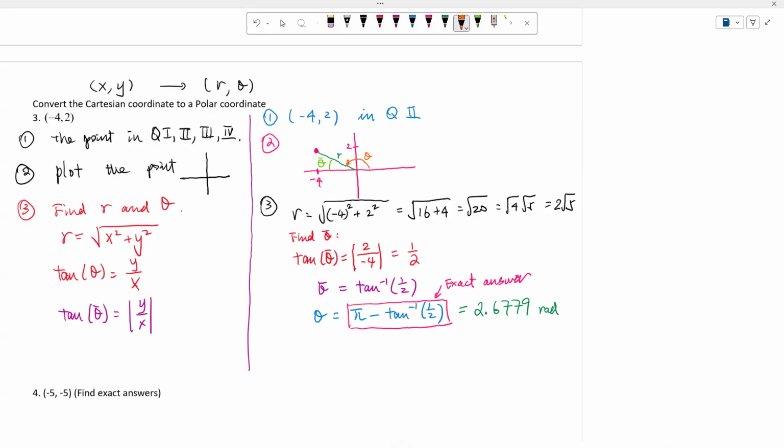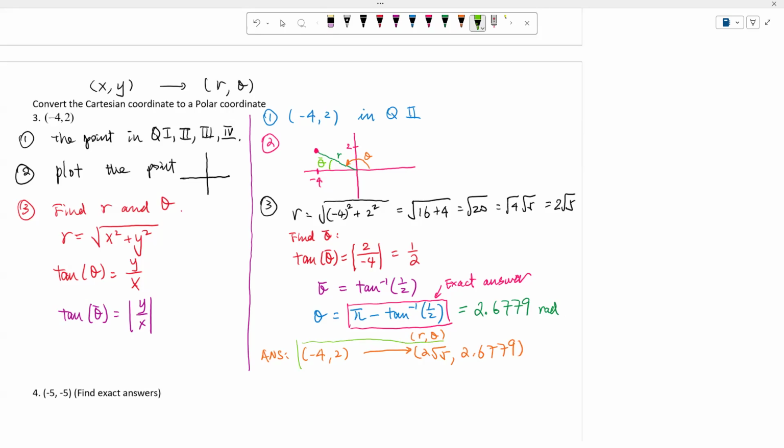Okay, so then now my answer here will be the point -4, 2 converted to polar, to r theta, it is 2 root 5 and 2.677. Okay.